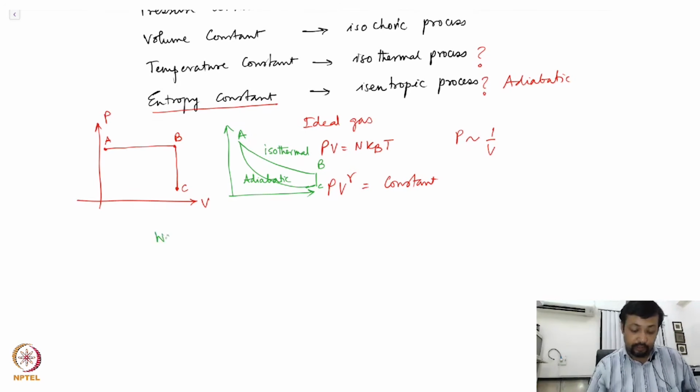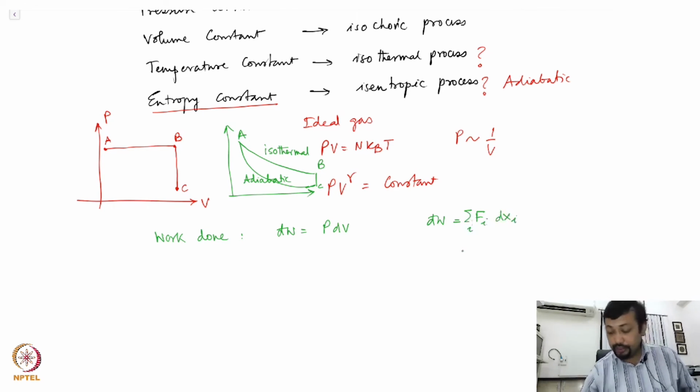The work done for this particular system is P dV. In general it is sum over i of F_i dX_i.